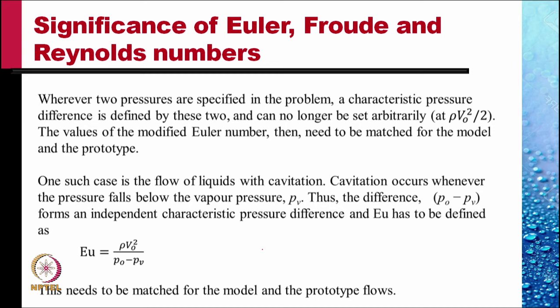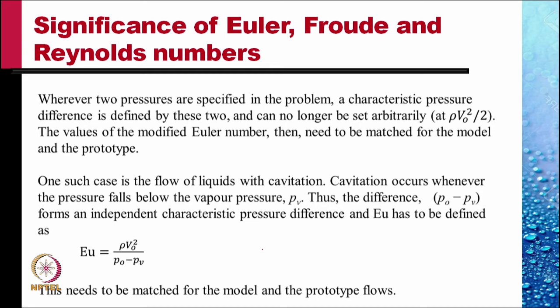In that case, we will use that pressure difference. The difference of the 2 given pressures would be the characteristic pressure difference. One such case is the flow of liquid with cavitation. Cavitation occurs whenever the pressure falls below the vapor pressure of the liquid.